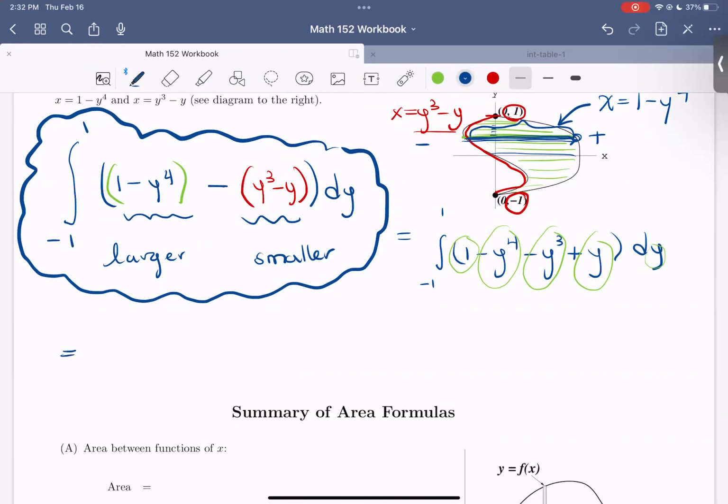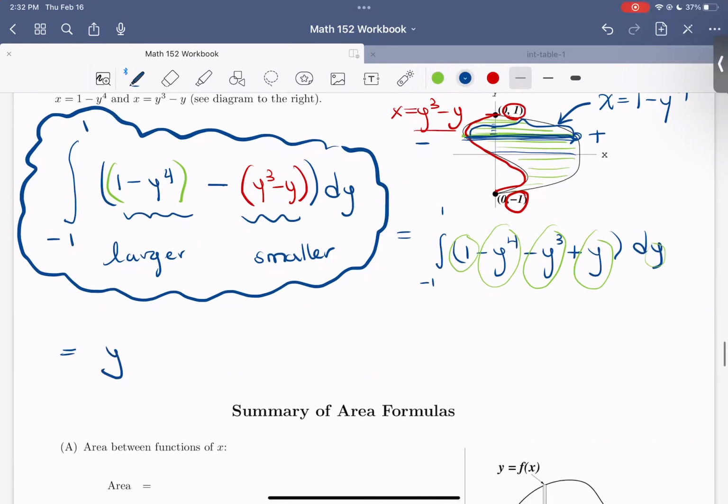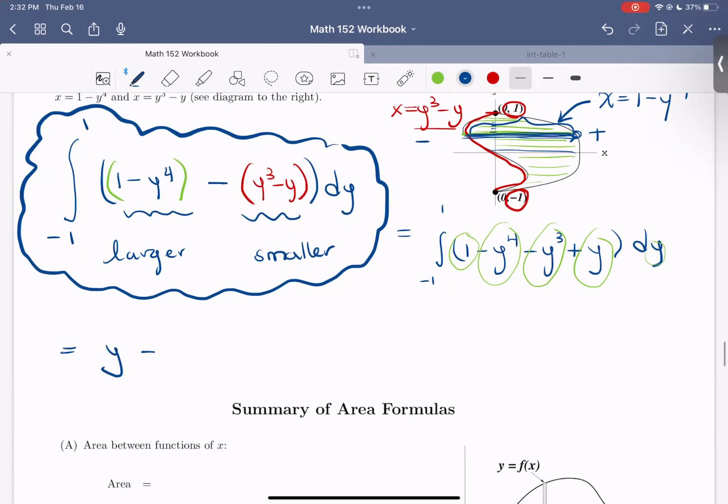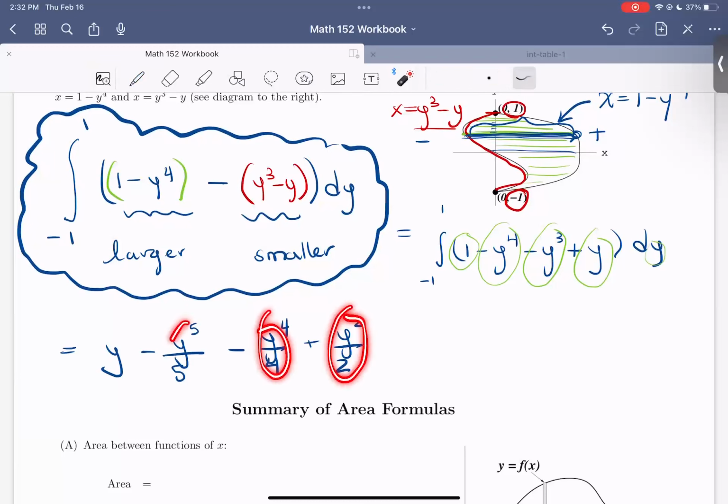The antiderivative of 1 is y. The antiderivative of negative y to the 4th is negative y to the 5th over 5. The antiderivative of negative y cubed is negative y to the 4th over 4, and the antiderivative of y is y squared over 2. You can check this by differentiating these antiderivatives.